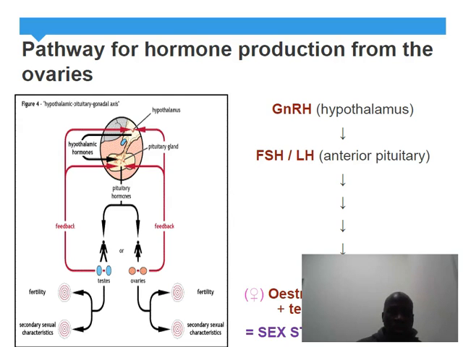And of course, when you look at the left side, it also indicates, for example, in male testicles, that these hormones determine the fertility and secondary sexual characteristics of males. Fertility is the release of sperm, and the development of secondary sexual characteristics, such as facial hair like a beard, deeper voice, etc. And in females also, these same hormones are involved in establishing fertility.